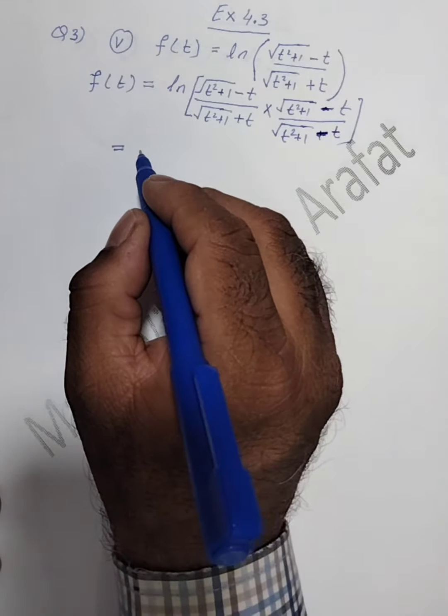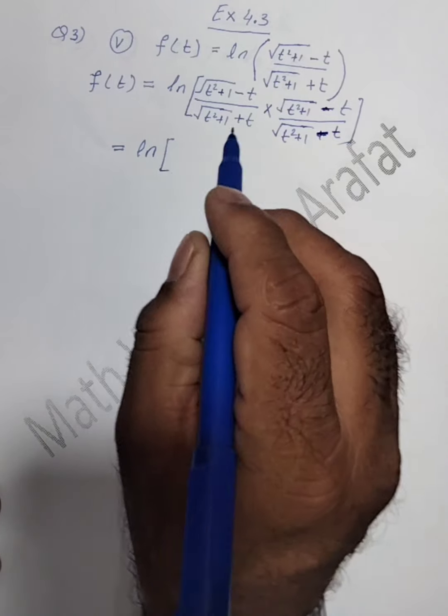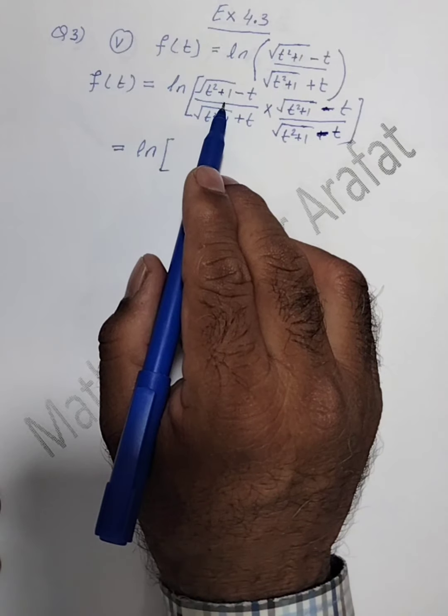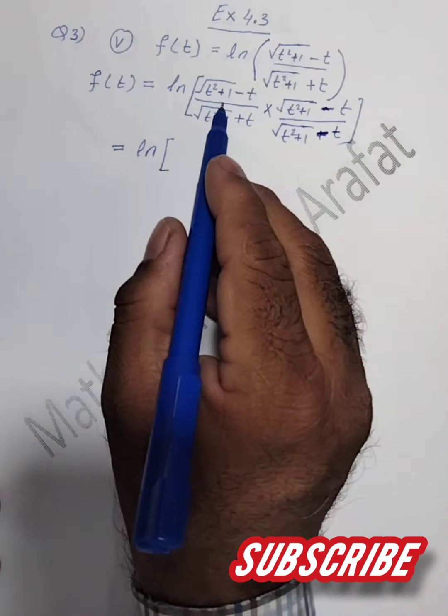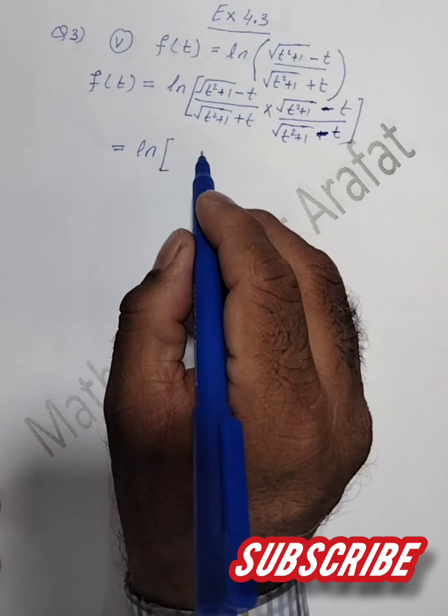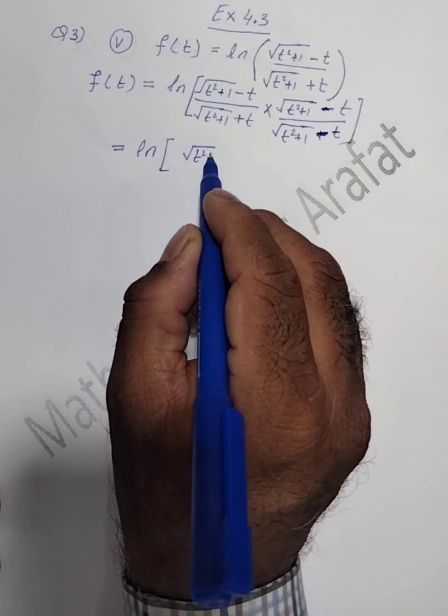So in the numerator, radical t square plus 1 minus t multiplied by radical t square plus 1 minus t becomes (a minus b) to the whole square.